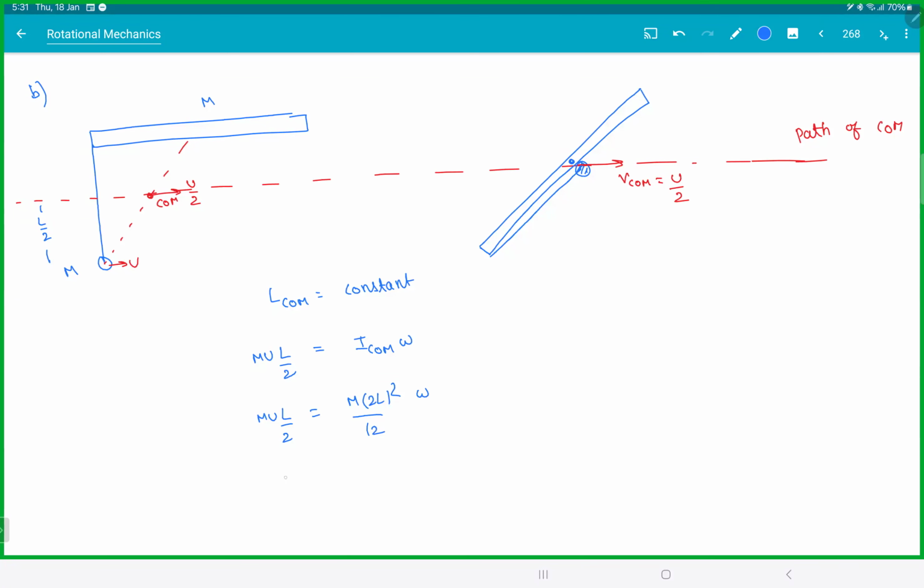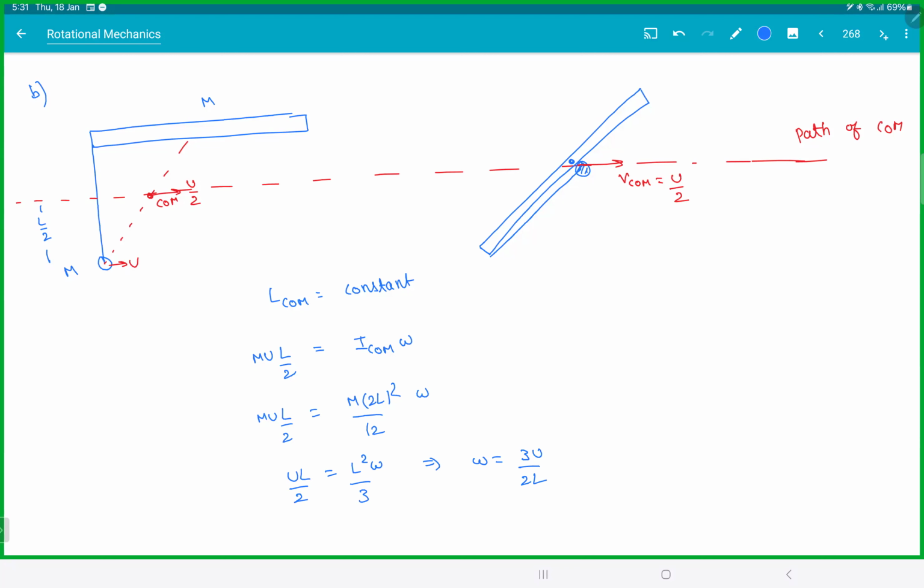M goes off. So this is L square omega by 3. Omega is 3u by 2. Check.